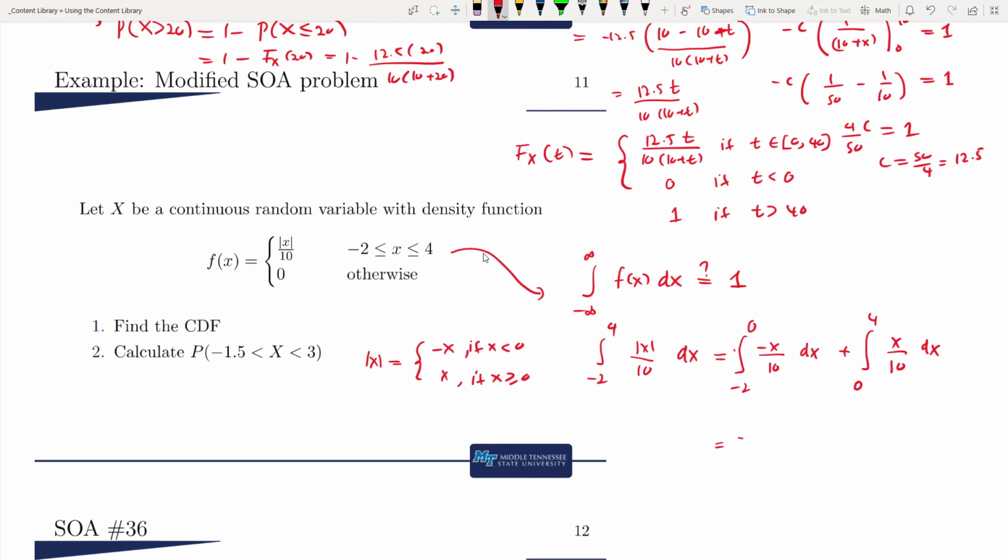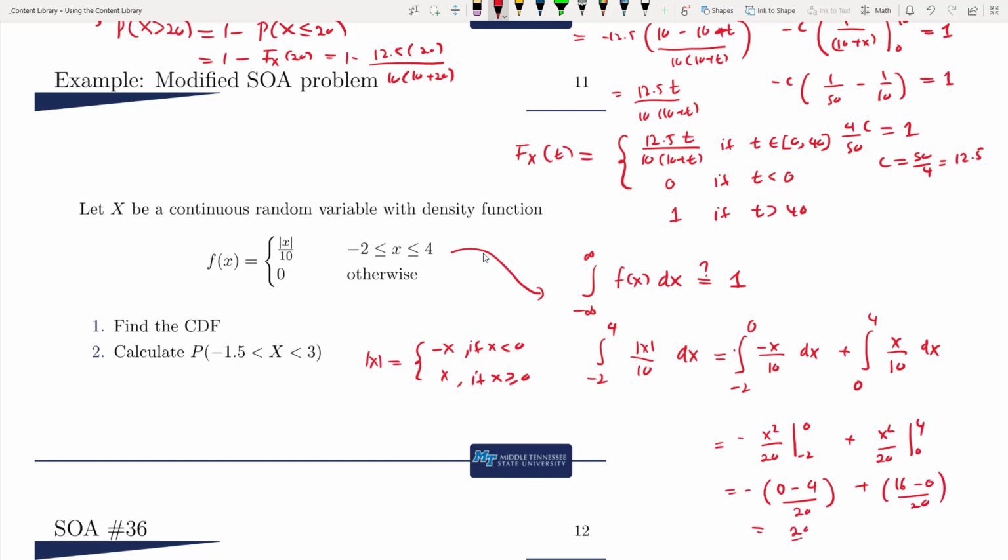So this would end up as negative x square over 20 from -2 to 0, plus x square over 20 from 0 to 4. So on this side you have negative, then 0 minus 4 over 20, plus here you have 16 minus 0 over 20.